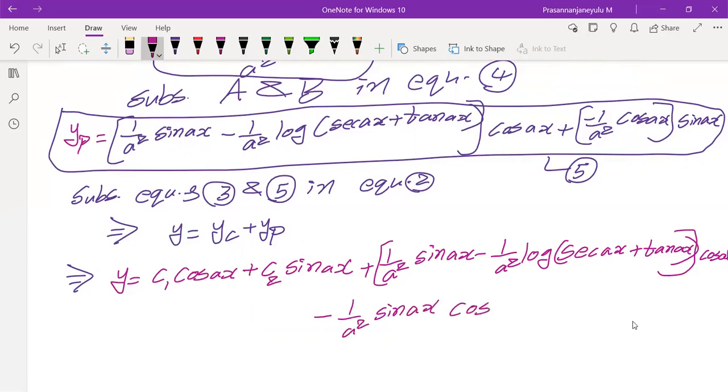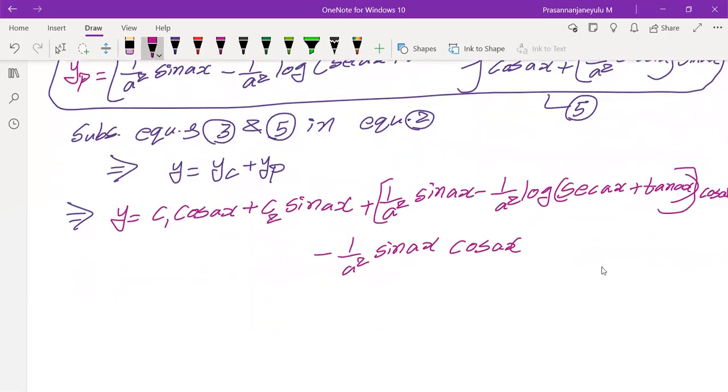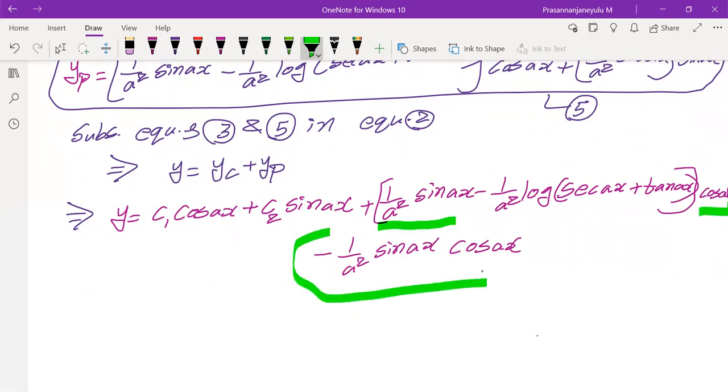Otherwise, if we do the simplification, observe this carefully: 1 by a square into sin ax into cos ax will cancel with minus 1 by a square into sin ax into cos ax. It cancels. So this term we have to multiply with cos ax.